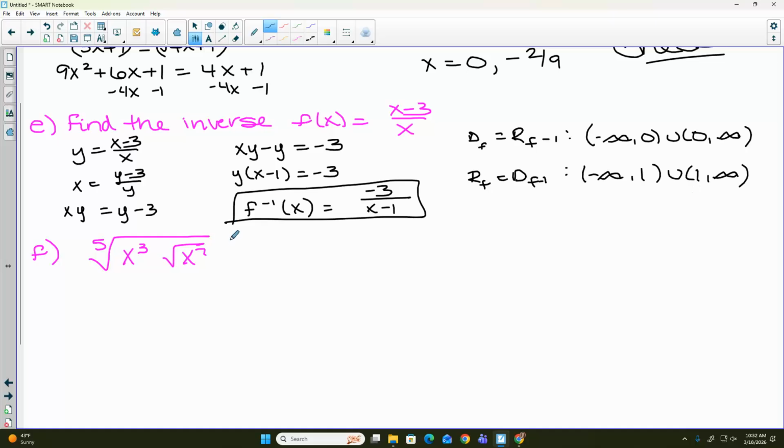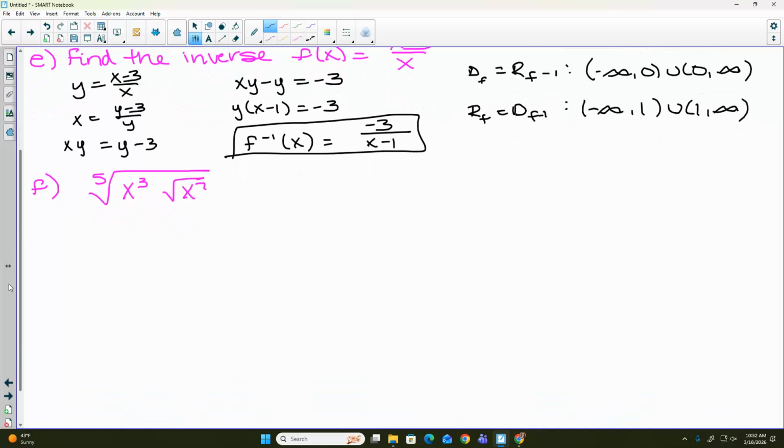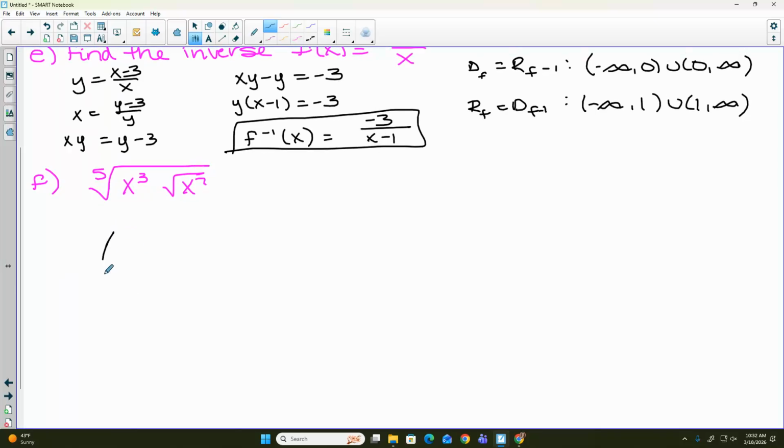And the last question, if I ask you to simplify this, the whole thing is under a 5th root. What would I do about that? Well, the power would be 1/5. Okay, inside there, we have an x cubed times the square root of x to the 7th.